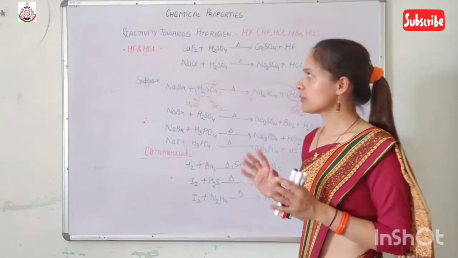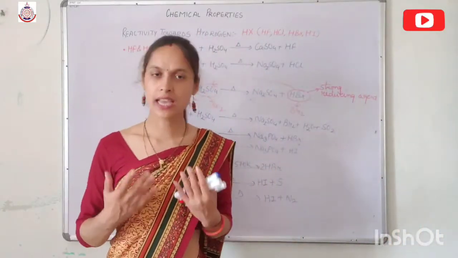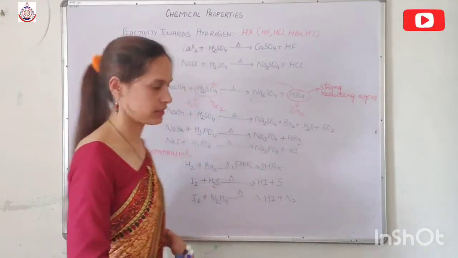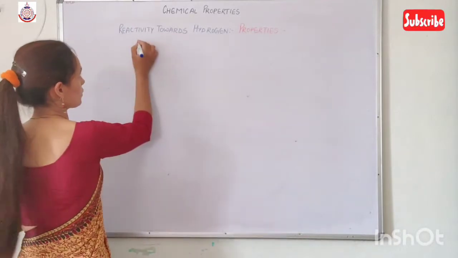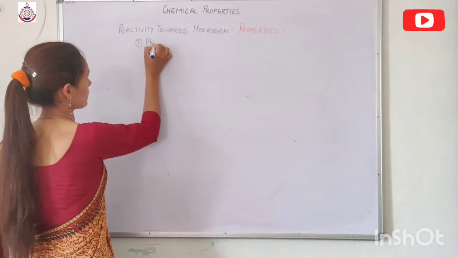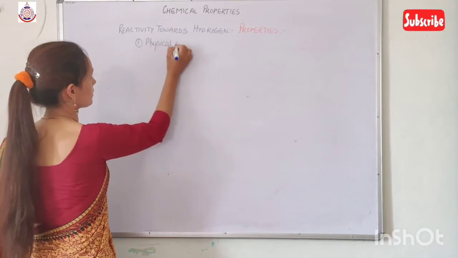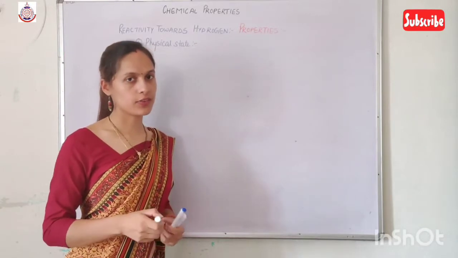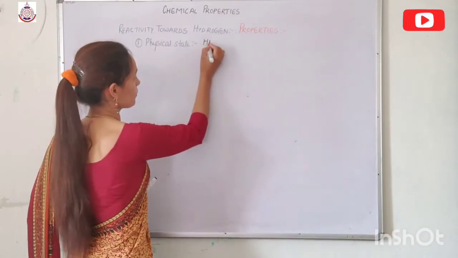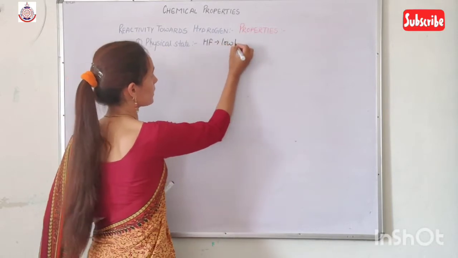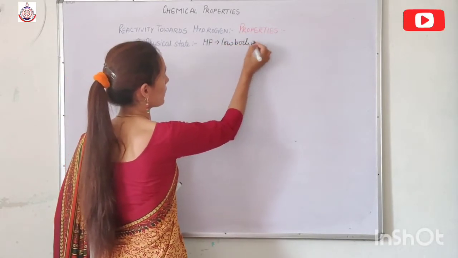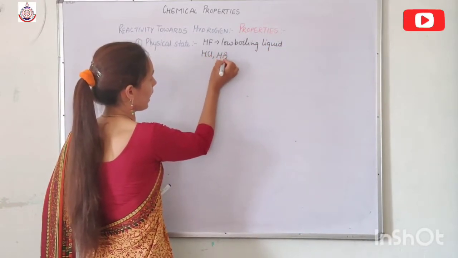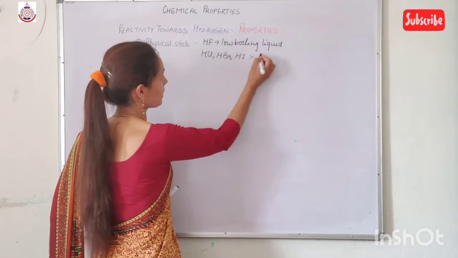Now this is all about the preparation of the hydrogen halides. Now we will talk about the properties of the hydrogen halides. The first property of the hydrogen halides is physical state. HF is a low boiling liquid, while HCl, HBr and HI are gases.